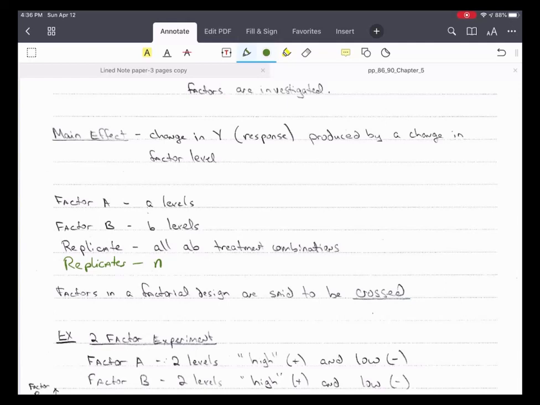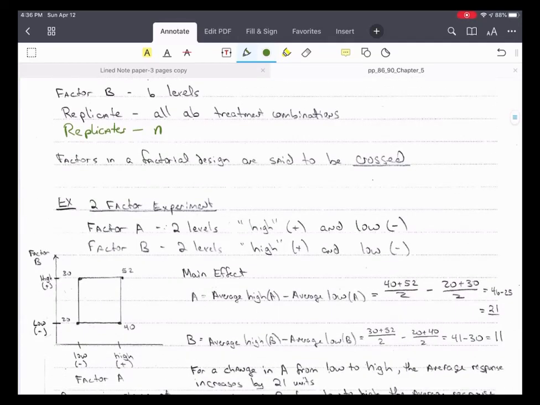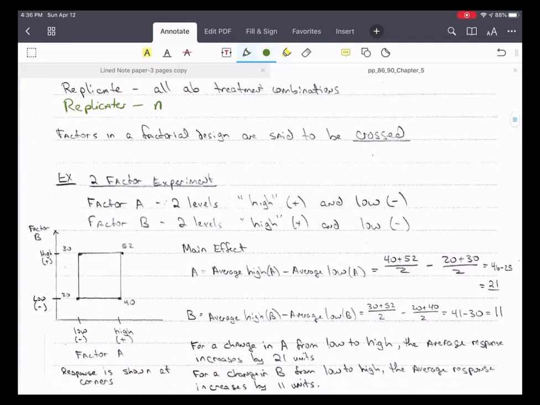So our example of a model here is a two-factor experiment where factor A has two levels, let's say high and low. We'll say high is a plus and low is a minus, and the same thing for factor B, two levels, high and low. So now we're going to draw a picture, and you'll see that we have factor B on the Y and factor A on the X, and we've got the low and high level of B, low and high level of A, and we've given the response in the corners.